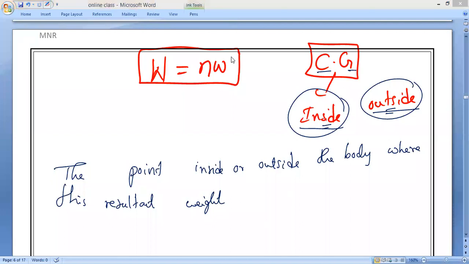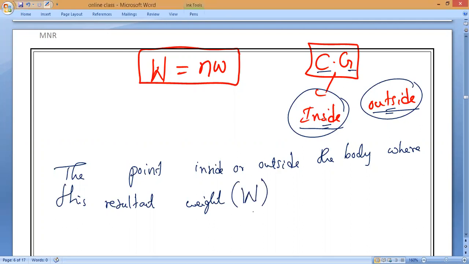What is the resultant weight symbol? Capital W. Okay, capital W. The point where the resultant weight acts is called the center of gravity.